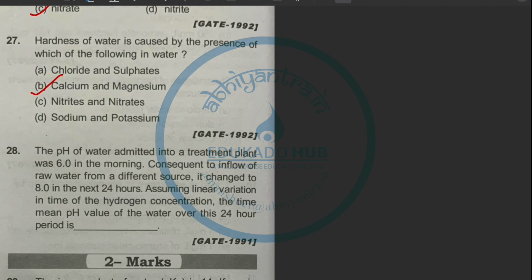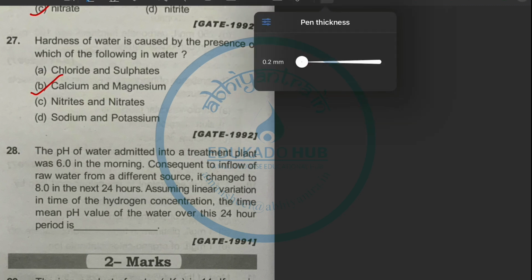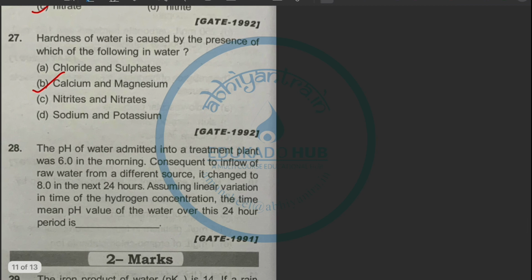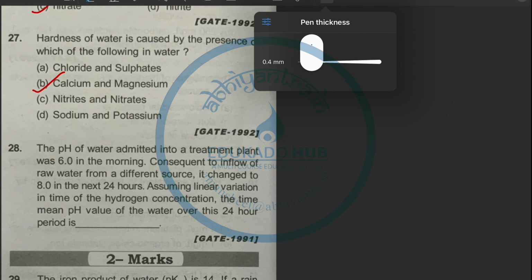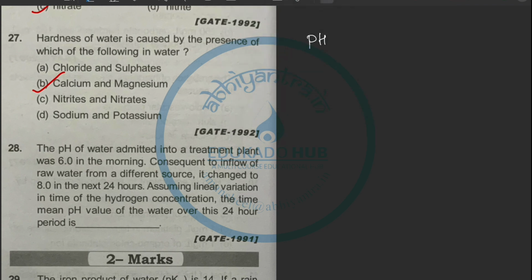Initial value was, so the value of pH initially was, I can say, pH initial, it is 6. Okay, pH final they are saying is 8, and it took time 24 hours.